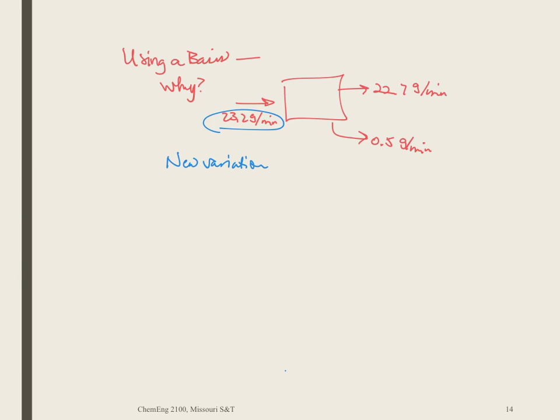Now we're going to increase the flow rate. I want to change the flow rate to, let's say, 30 grams per minute. I don't know if I'm using the units that match what we did before, but you'll get the idea. How much liquid water leaves? Well, if everything in the problem statement stays the same, then it's going to be proportional.